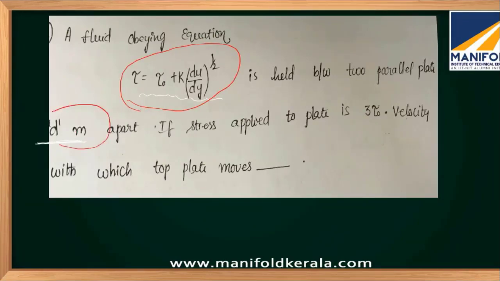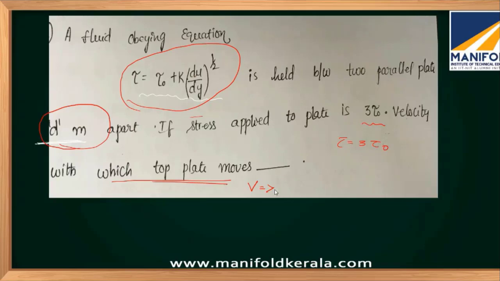If the stress applied on the plate is 3 tau naught, that is, he is giving tau is equal to 3 tau naught. This is the stress applied. He is asking you the velocity v with which the top plate moves. That is the top plate to which we are giving the force, the fluid as well as the plate parallelly start moving, right? He is asking you that now.